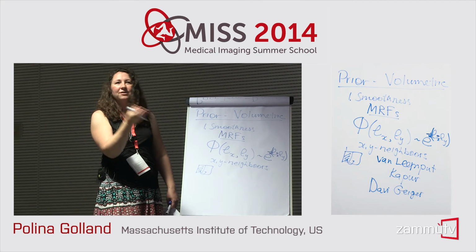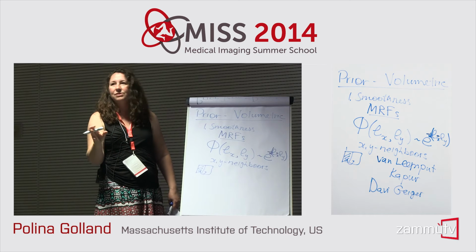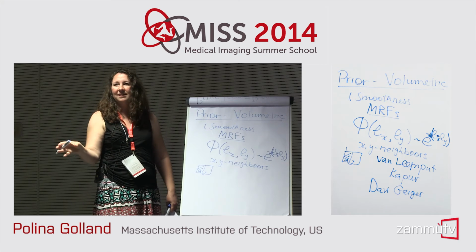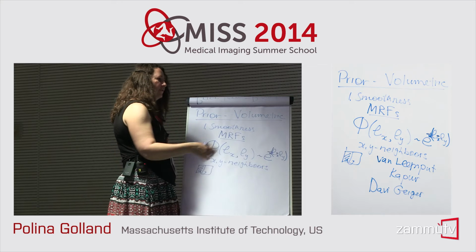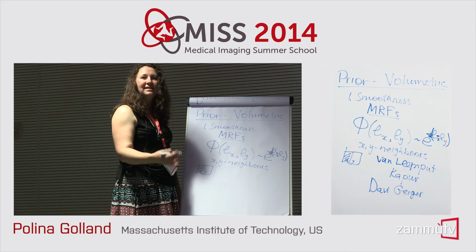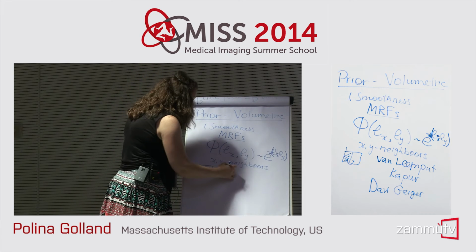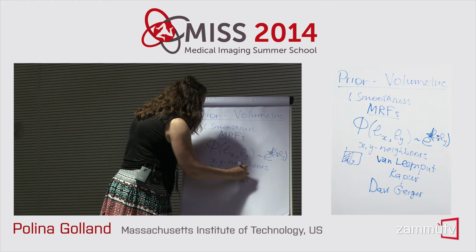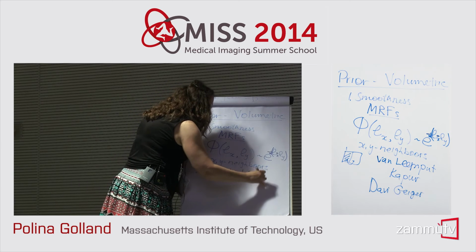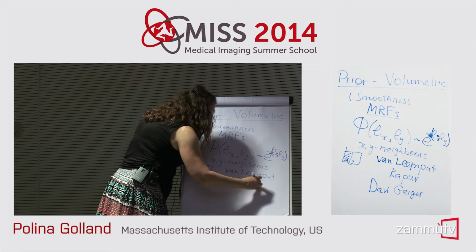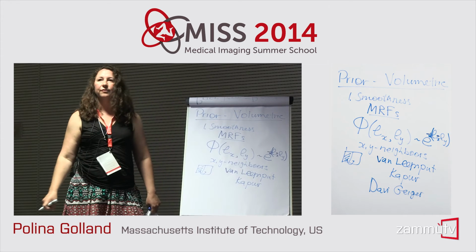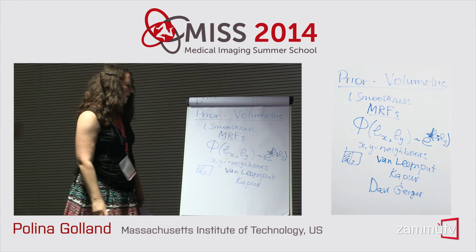But the field goes back to like the 70s and has been used in computer vision in the 80s and the 90s. It's a very rich field, right? So if you look for references in medical image computing, probably Van Leemput and Kapur are the two I would look up and look at their applications, okay?